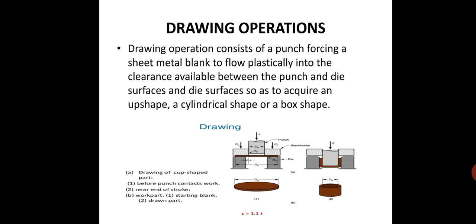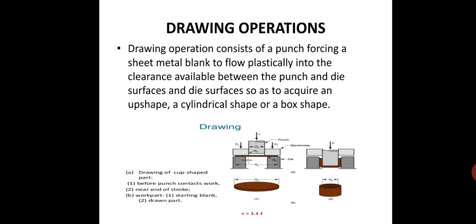And the next one is the third category in this particular topic. We have already discussed the shearing operation, the bending operation, and the final one is the drawing operation in sheet metal. Drawing operation consists of a punch forcing a sheet metal blank to flow plastically into the clearance available between the punch and the die surfaces, so as to acquire a cup shape, a cylindrical shape or a box shape.